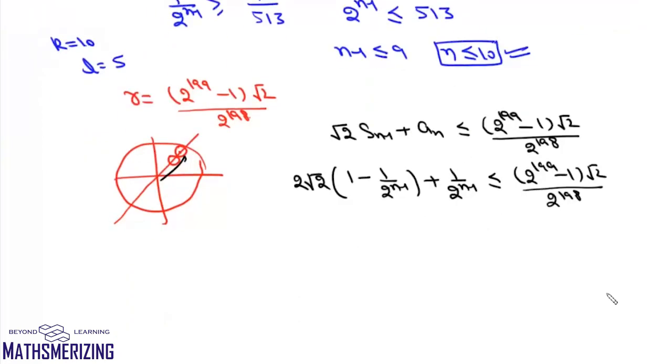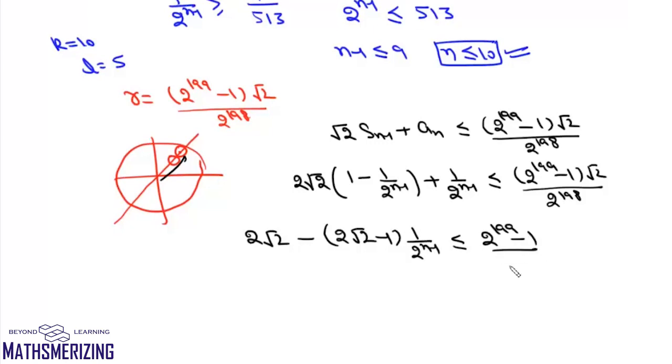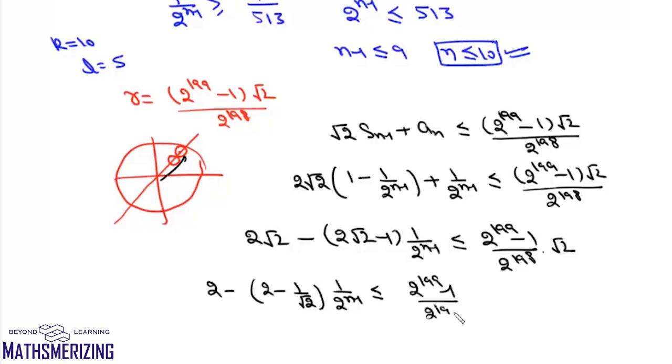Now we can simplify this as 2 root 2 minus (2 root 2 minus 1) 1 upon 2 to the power of n minus 1 will be less than or equal to (2 to the power 199 minus 1) upon 2 to the power 198 into root 2. Now we'll divide everything by root 2. So we'll get 2 minus (2 minus 1 by root 2) 1 upon 2 to the power of n minus 1 will be less than or equal to (2 to the power 199 minus 1) upon 2 to the power of 198.